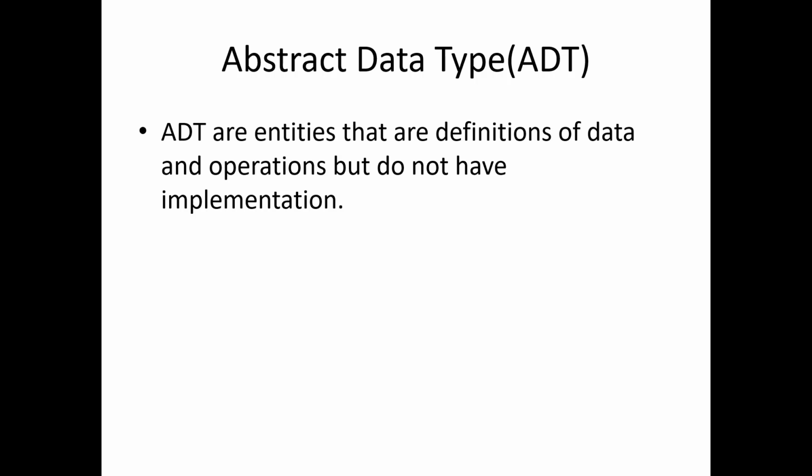Again we can define it as entities that are definitions of data and operations, but we do not have any implementation. It means we can define and perform operations on that data, but we cannot implement. Implementation is called the data structure.